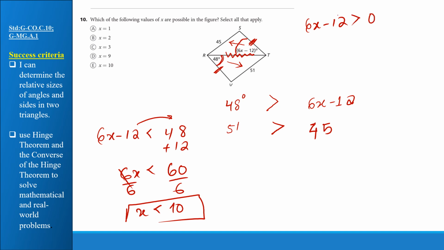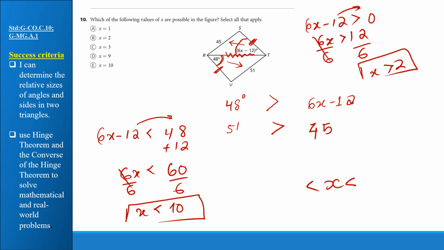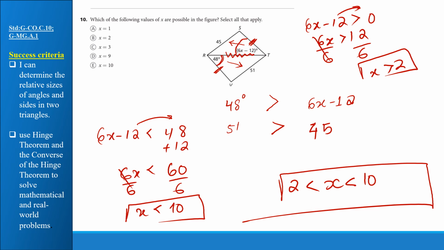Bring the 12 to the other side, it gives you plus 12. Divide both sides by 6, you will get x is greater than 2. So the possible range is between 2 and 10, but 2 is not included and 10 is not included. So any answer between 2 and 10, which are 3 and 9, are acceptable.